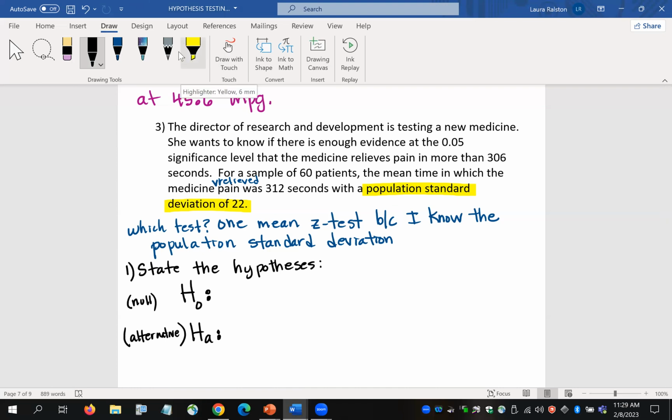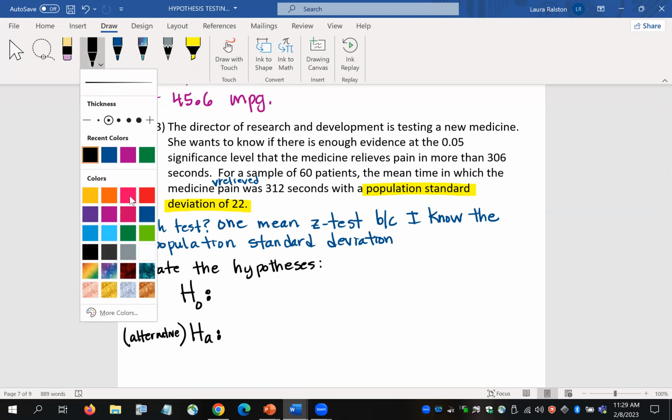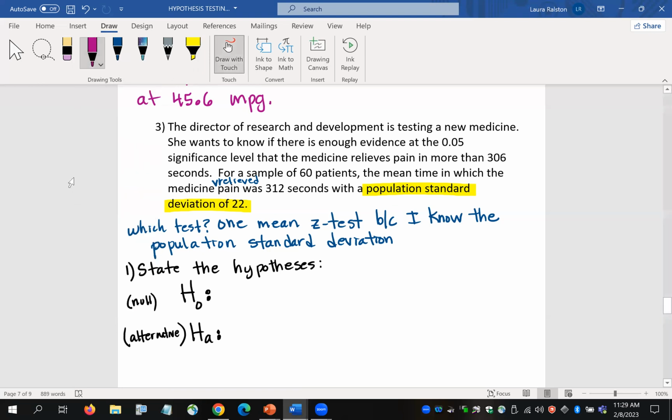When I'm looking for my hypothesis, I look for phrases like believe, think, conclude. The second sentence says, she wants to know if there is enough evidence at the 0.05 significance level that the medicine relieves pain in more than 306 seconds.